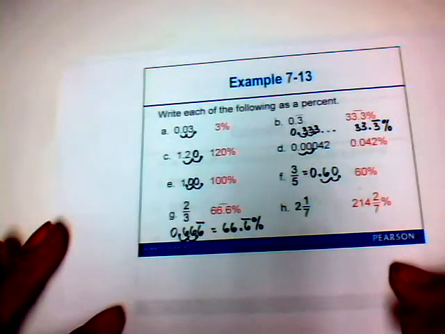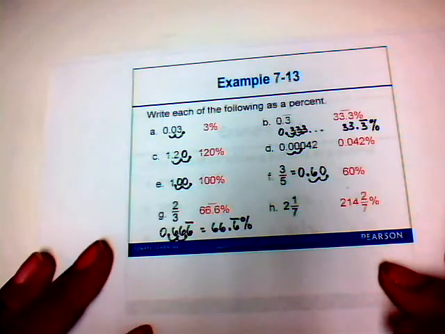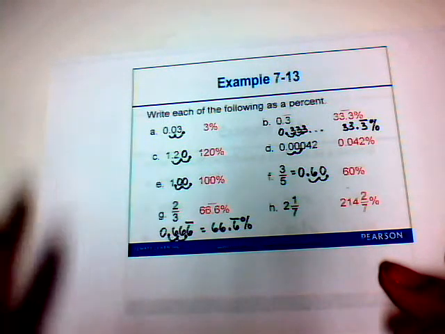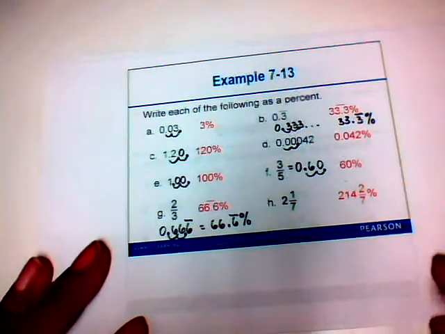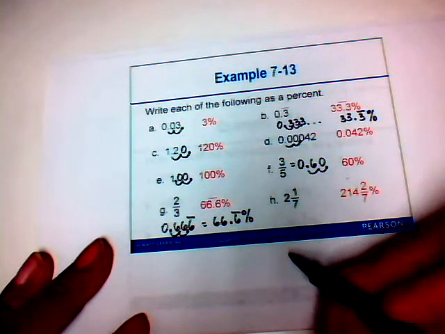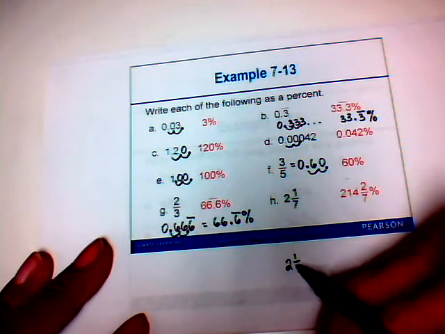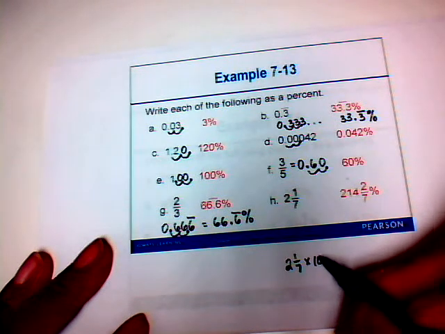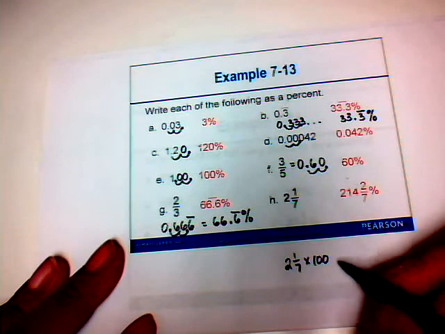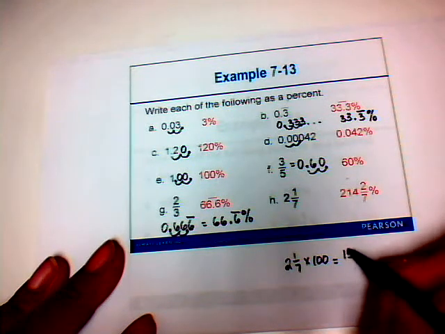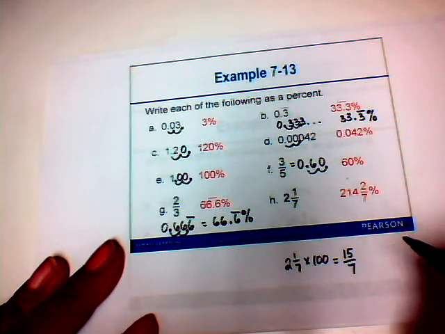Now for 2 1/7, this one's going to be a little bit difficult to try to convert to a percent. But let's do this. If I do 2 1/7 times 100, I'm going to convert 2 1/7 to an improper fraction, which will be 15/7.